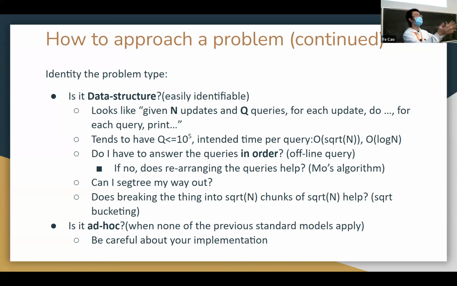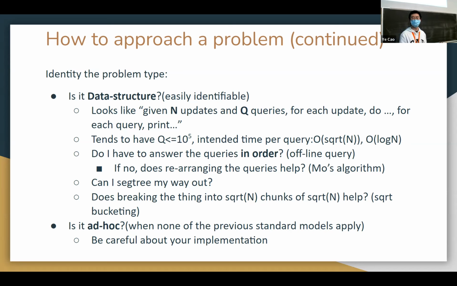So you can read in all the queries, rearrange them, answer them in whatever order helps you the most, and reshuffle them into the order they came in and print them. This is called offline query, and there's a classic algorithm called Mo's algorithm that rearranges the queries in a certain way. It has something to do with square root bucketing, in a way that allows each query to be answered in amortized time square root of n.